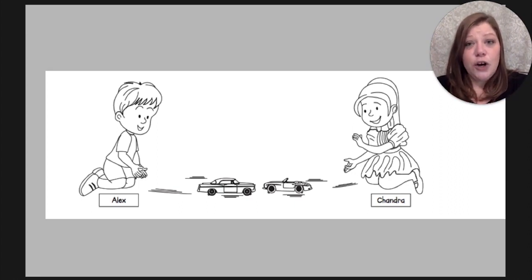Alex thinks that the cars are going to continue going in the same direction, and Chandra thinks that they're going to change direction. Who did you agree with the first time you saw this problem? I think I might have too. I want to know, did your thinking change? Do you disagree now? Do you think somebody else had the better thinking?